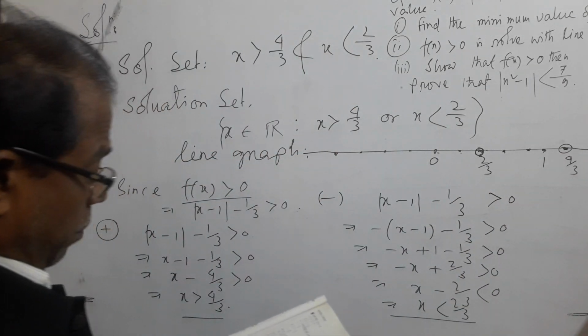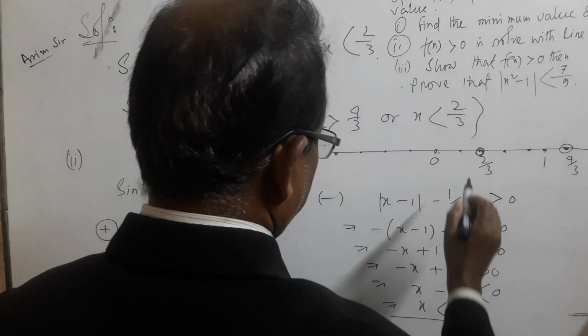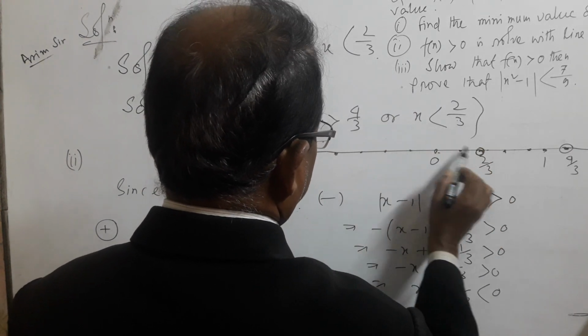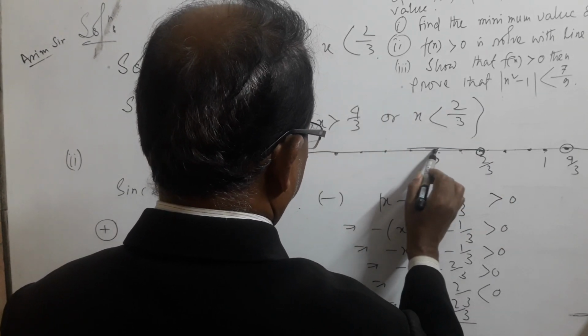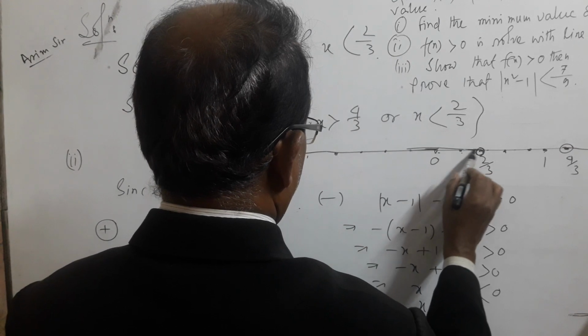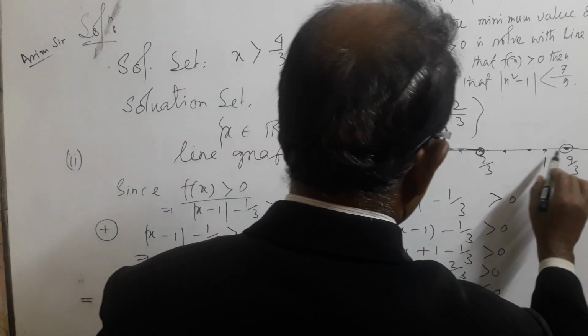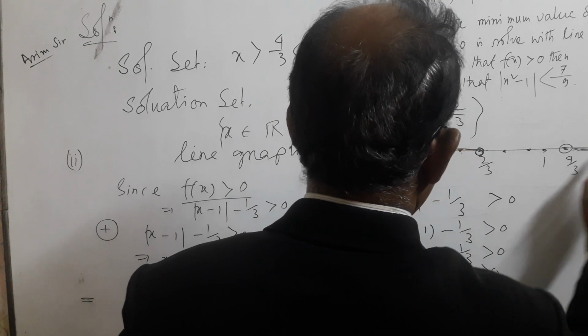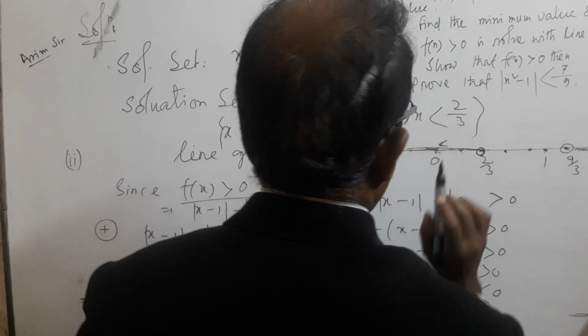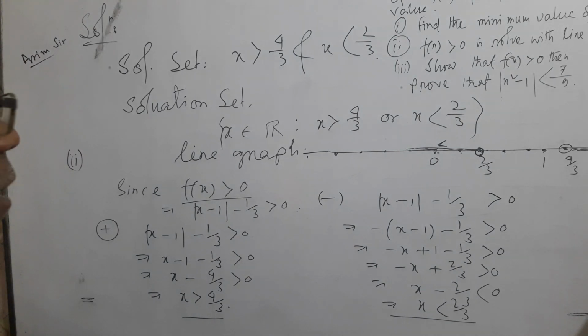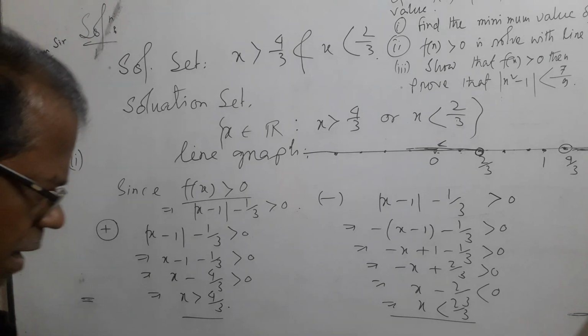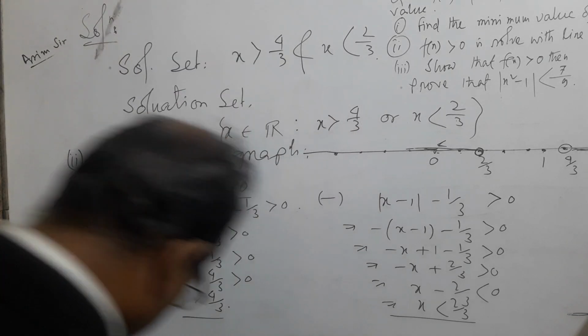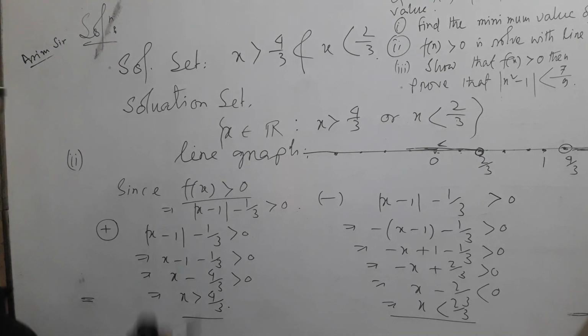So you have to be clear on this. The 2/3, x is less than that. That means these are the lines, right? This line and this line. So you have to be clear on this line graph, and solution sets are easy, no problem. You have to practice day by day.